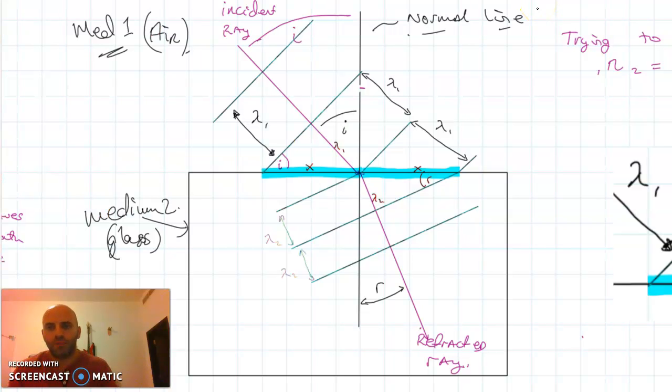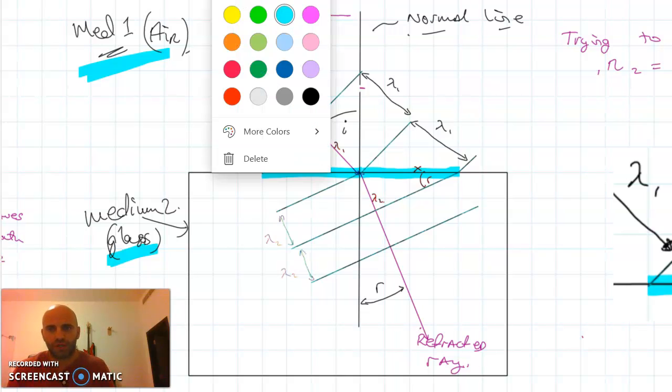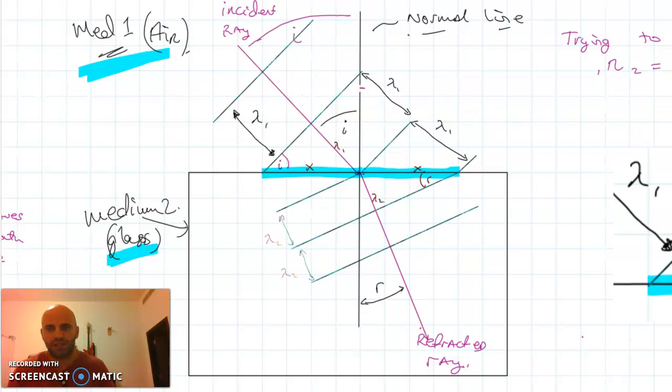Okay, so I've sketched medium 1, which is the air. It doesn't really make a difference what medium it is. Medium 2, we'll just pretend it's glass or something like that. I'll switch color here just so we can see, I'll highlight as we go. So you can see then that the incident ray is coming in like this.